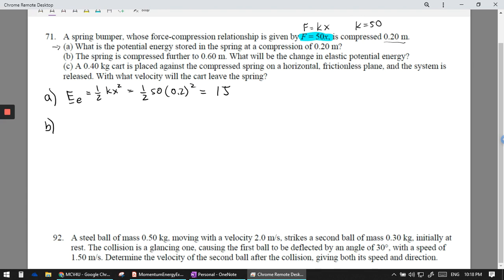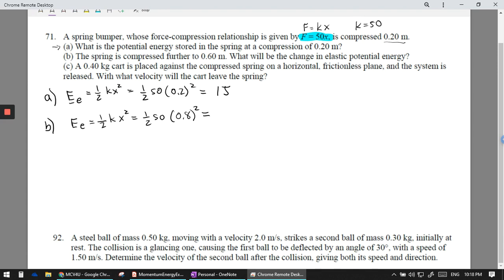And so I'm basically going to figure out the elastic potential energy at this, which is going to be a further 60. That means it's now currently at almost 80 centimeters, right?